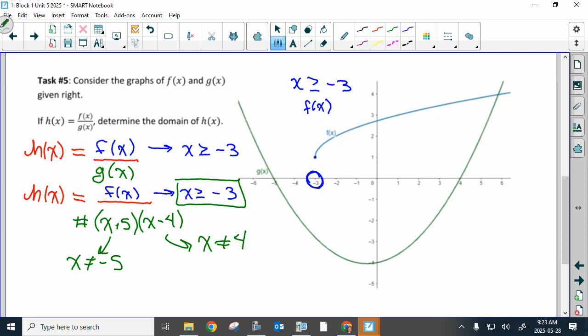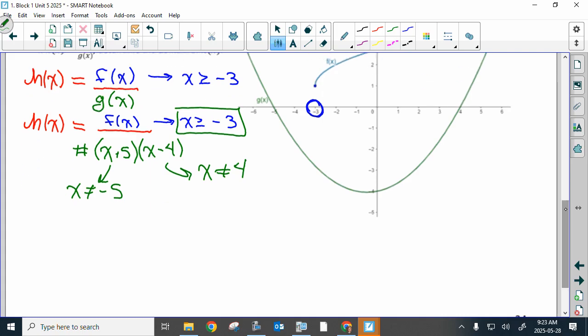So we have to put these pieces together for the domain of h of x. The big idea for 10.1 and 10.2 is, can you really grasp the domain or the range of these given functions? So this is how you'd write it. You would say x such that x has to be greater than or equal to -3, because f of x was greater than or equal to -3.